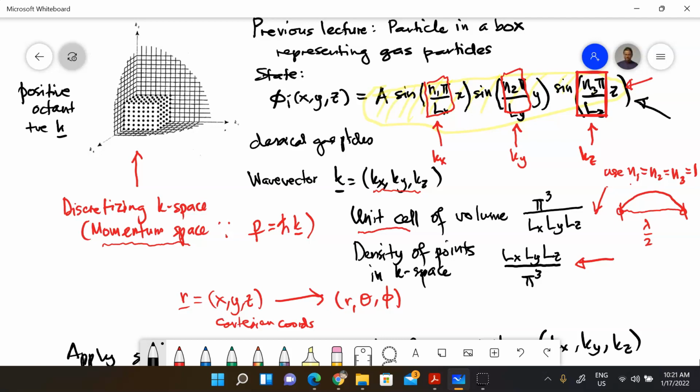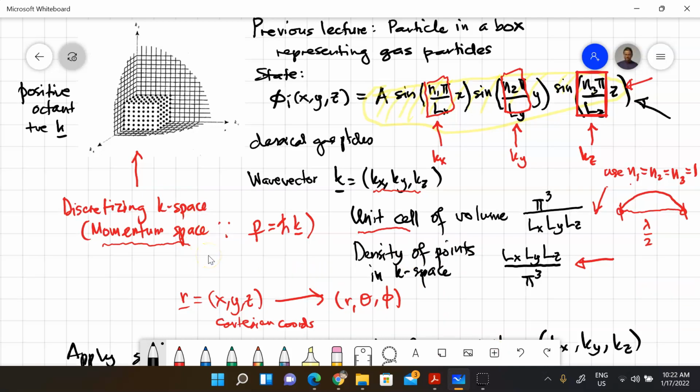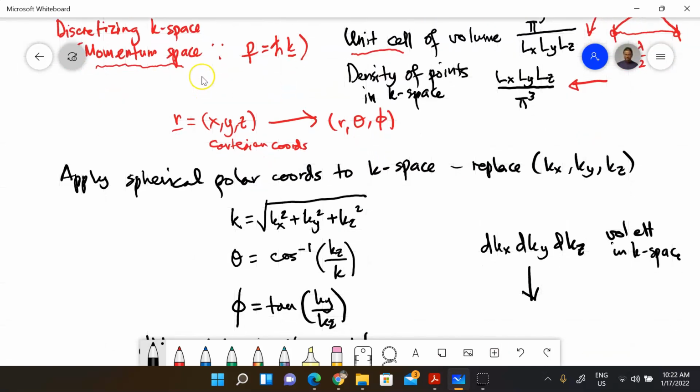That is the thing that we want, because if you do the others, you basically get multiples of those, which differ by a minus sign, and the quantum states are not sensitive to this plus or minus sign or a constant factor, so you can ignore all those other octants.